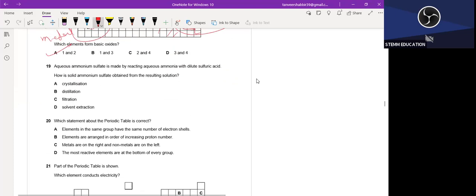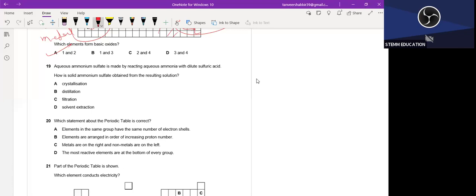Now question number 19. Aqueous ammonium sulfate is made by reacting aqueous ammonia with dilute sulfuric acid. How is ammonium sulfate obtained from the resulting solution? So what will happen?